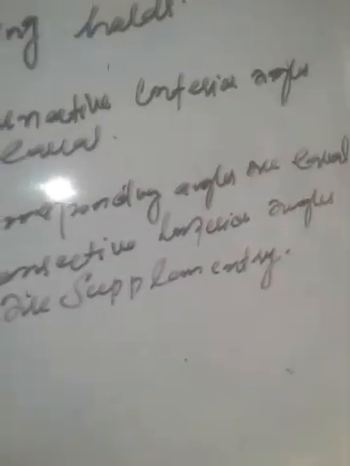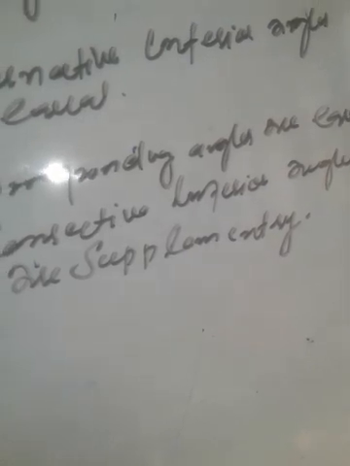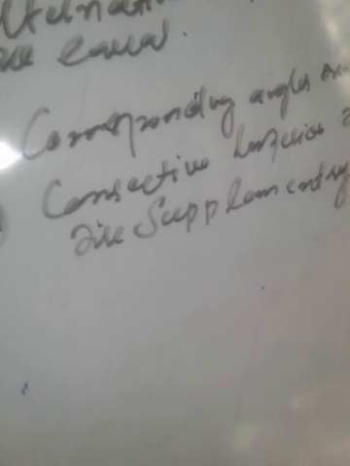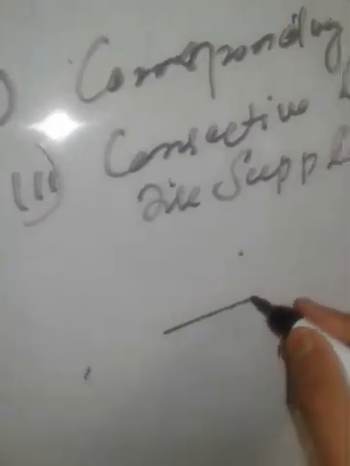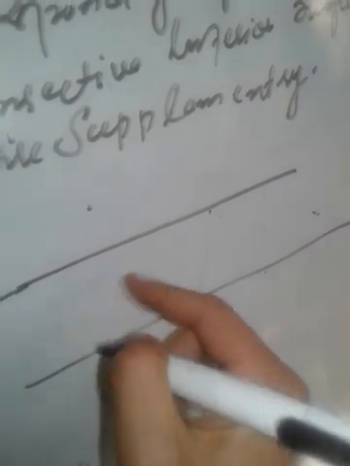So you know what are the alternate interior angles, what are corresponding angles, what are consecutive interior angles. We have read it in the previous lecture. So the first property is: this line is parallel to this line. Suppose these are the two parallel lines and this is the transversal.